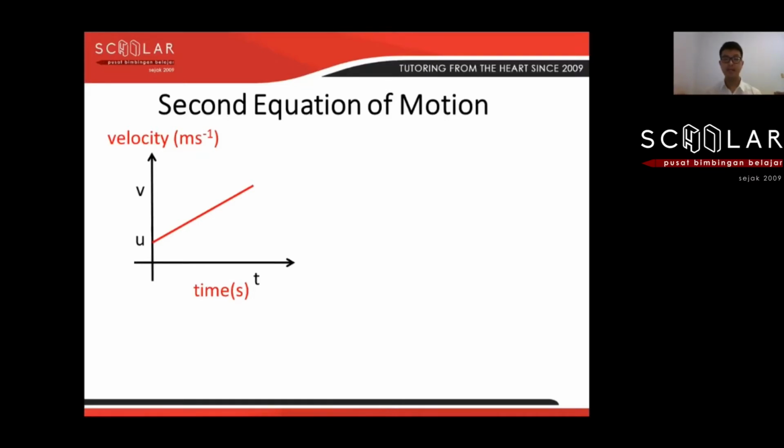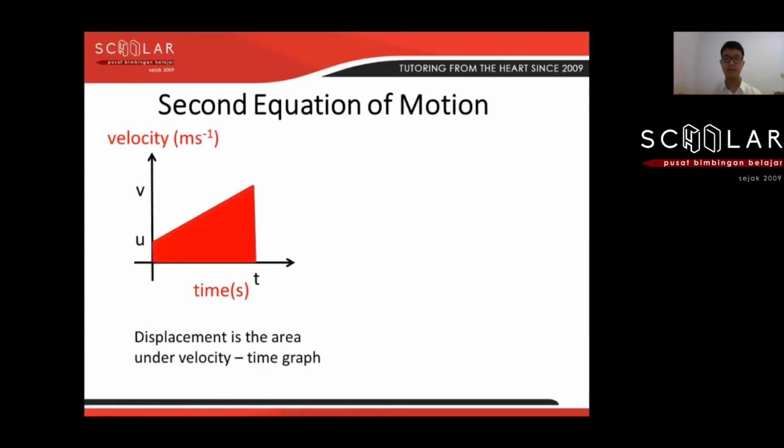To get the displacement out of this graph, we can find the area under the velocity-time graph. And as we can see, the area of this figure is a trapezoid. What is the formula of a trapezoid? The area of a trapezoid is the sum of the parallel sides over 2, and then we times with the height.